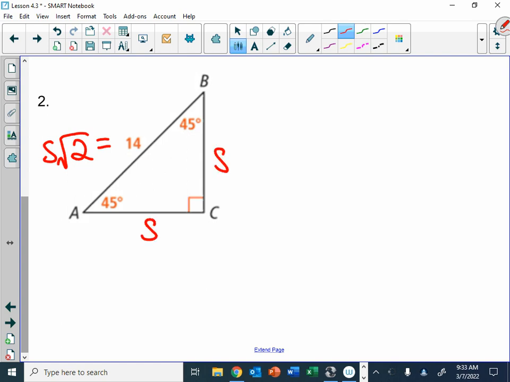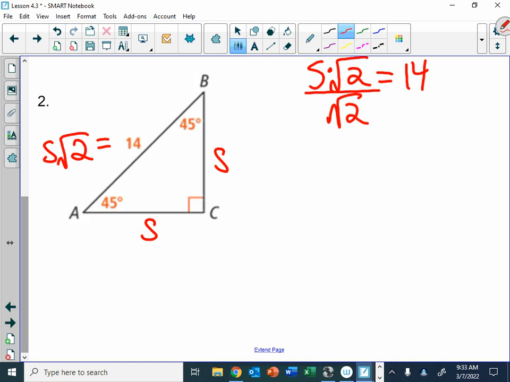So just like that last problem, I need S all by itself. The operation happening here is multiplication. So to get S all by itself, I need to divide.